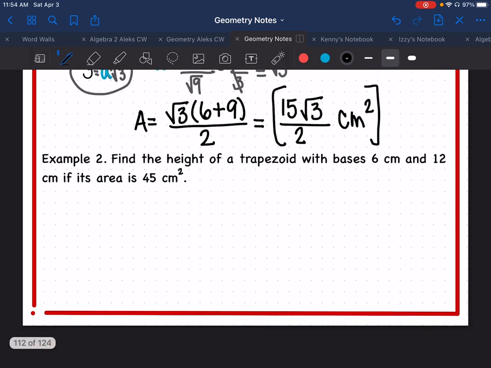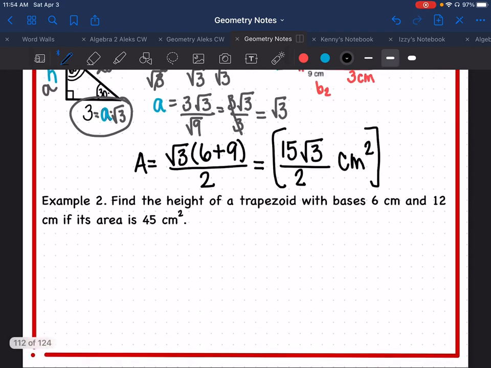All right. Example number 2 for the trapezoid says, find the height of a trapezoid with bases 6 centimeters and 12 centimeters if its area is 45 centimeters squared. So they want me to find the height, and they told me that the bases are 6 and 12 centimeters, and that the area is 45.